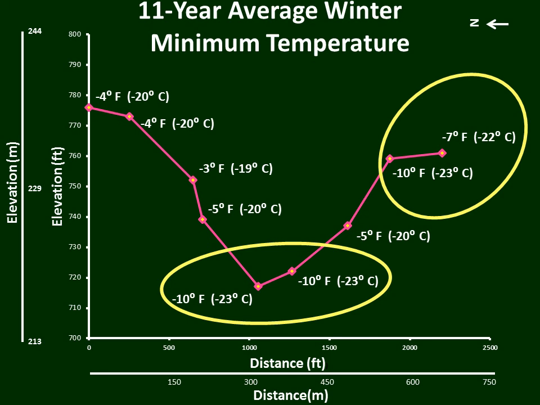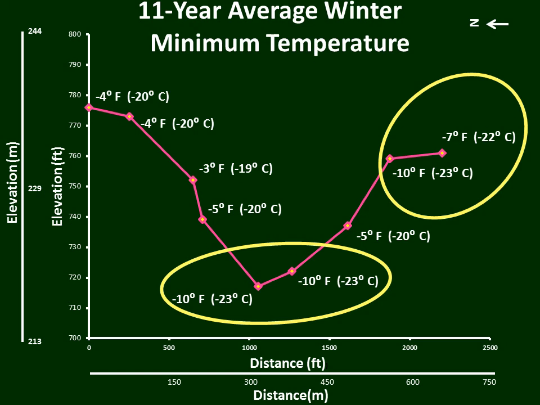Well, if we look at the 2 locations up on the south side of the valley, the last 2 locations we looked at, the 2 locations in the abandoned vineyard that we're going to talk more about, wow, -10 for location 8 and -7 in location 9.